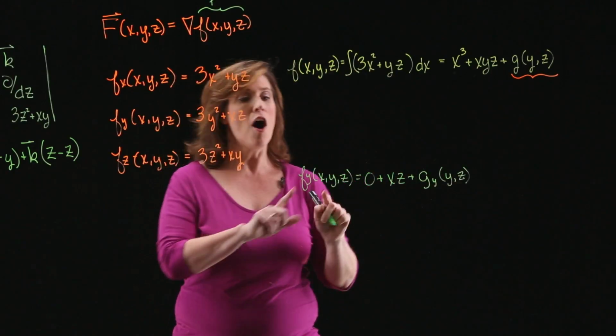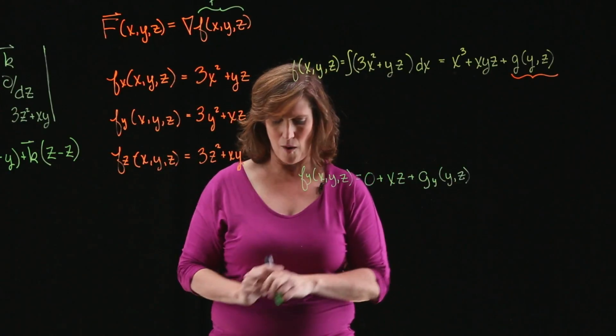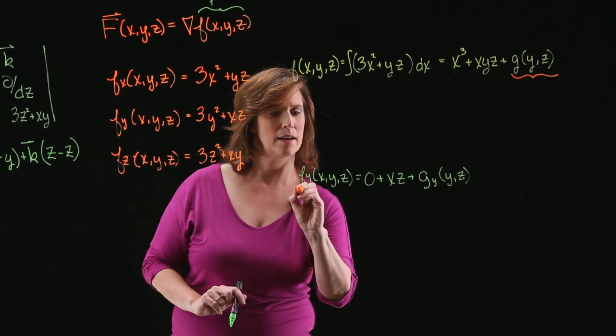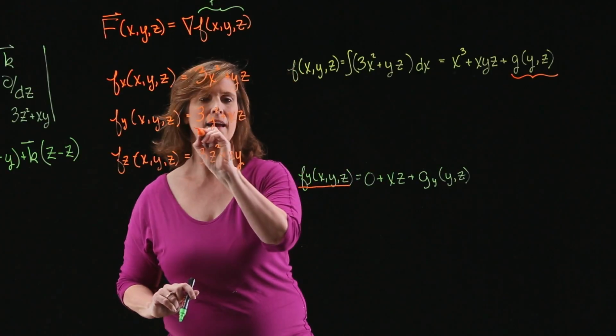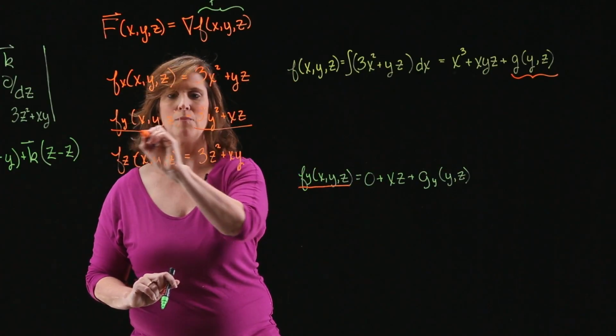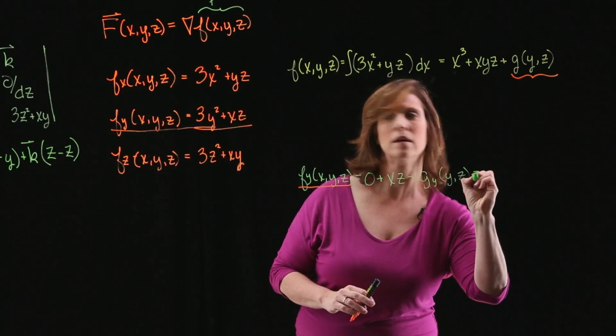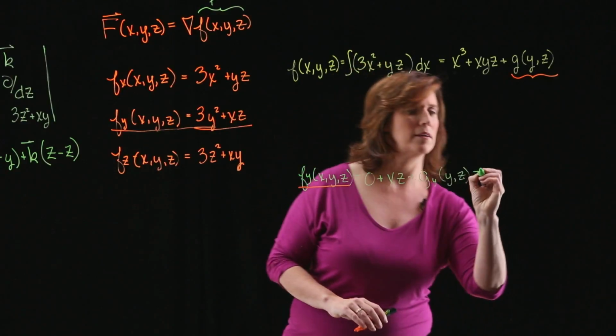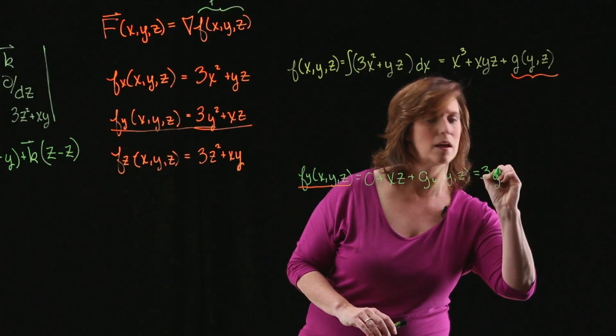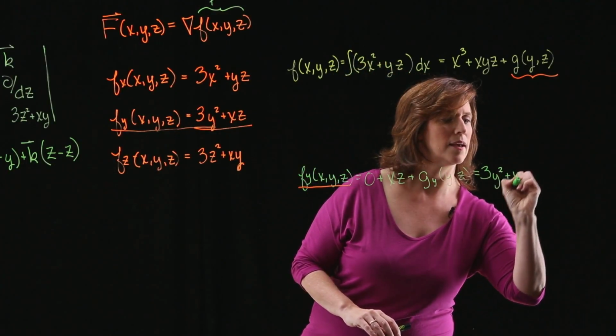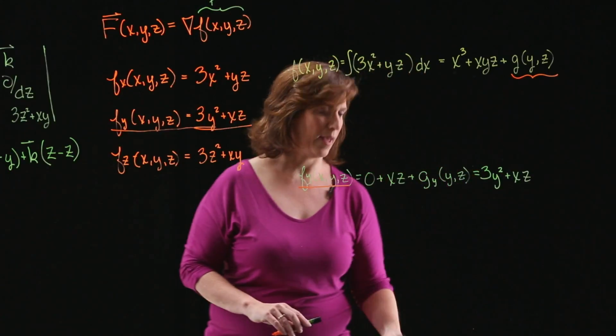Okay. I also know that the partial with respect to y, this piece, is the same thing as this, because there's my partial with respect to y. So I know that this equals 3y squared plus xz, okay?